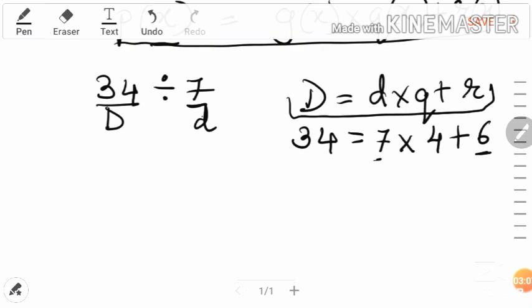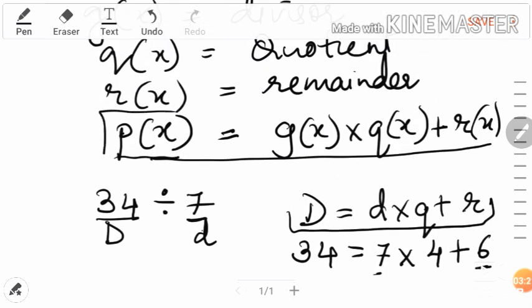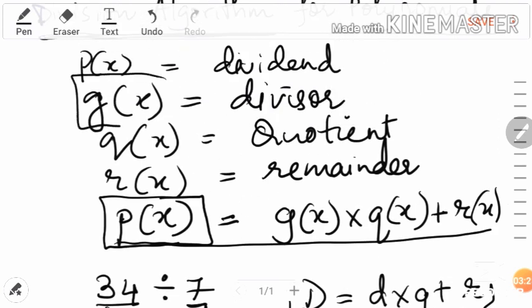Let us understand how to now divide one polynomial by another. For that, you have to keep in mind that the dividend polynomial p of x and g of x both should be in their standard form such that the terms are arranged in descending order of the power of the variable.